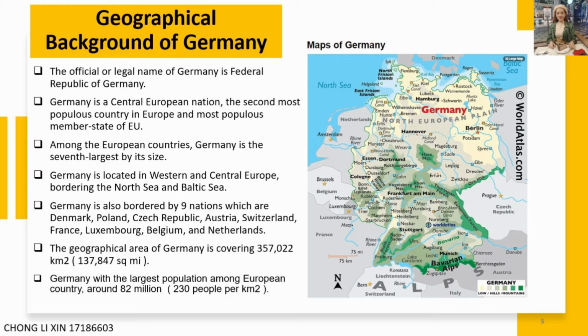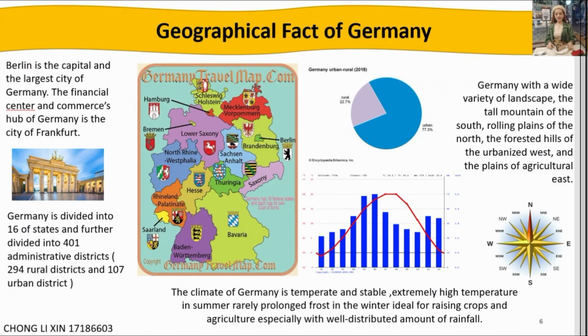Germany, with the largest population among European countries, is around 82 million. In other words, it is 230 people per km². This slide is about geographical facts of Germany. The capital of Germany is Berlin, and Berlin is also the largest city of Germany.